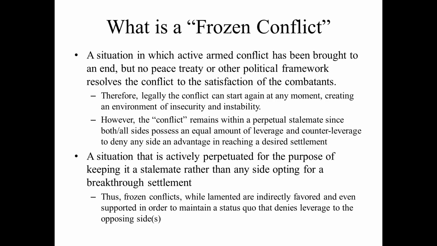And the slightest trigger, the slightest little thing could set off a chain reaction of events. And these things have happened, unfortunately, over the past ensuing decades. So probably one of the best examples of a frozen conflict and a negative peace is the current situation between North and South Korea. They're not killing each other, but they have not resolved a conflict that began more than 60 years ago.